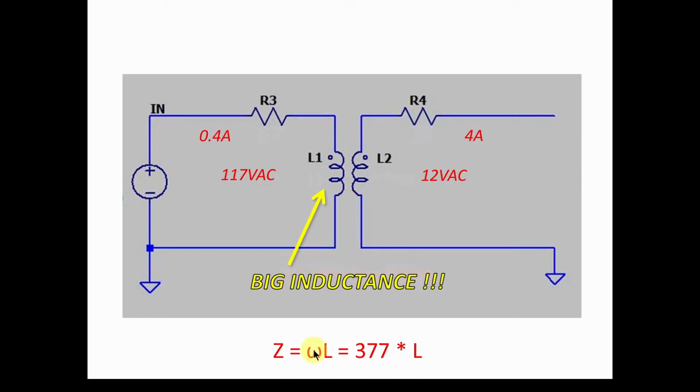We're dealing with 60 hertz, so 2 pi times 60 is 377 times L. If my L is 1 Henry, the impedance will be 377 ohms. 120 volts over 377 ohms is going to be like 0.3 amps. That's not good because it's only rated 0.4 amps under full load. So we're starting to see that my L is going to be probably bigger than 1 Henry. It's going to be multiple Henries in order to get the inductive reactance at no load.